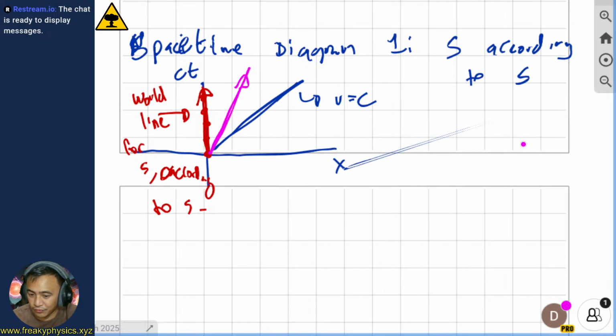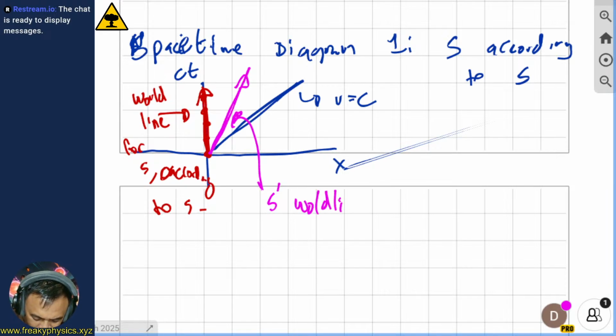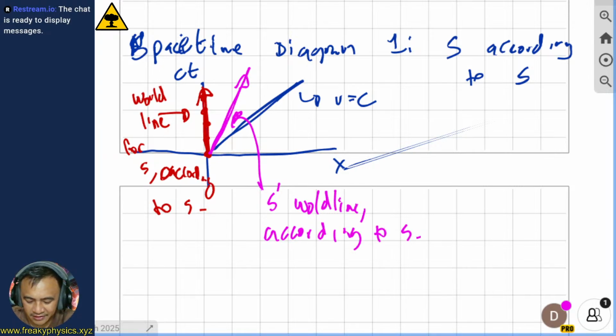But it can travel only through space or only through time in certain cases. But most of the time, it travels through both. So this is going to be S prime's world line according to S, right?